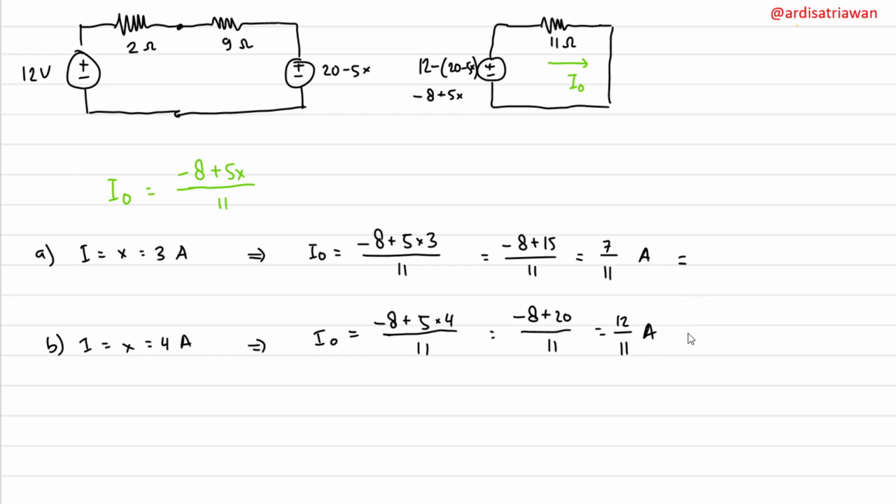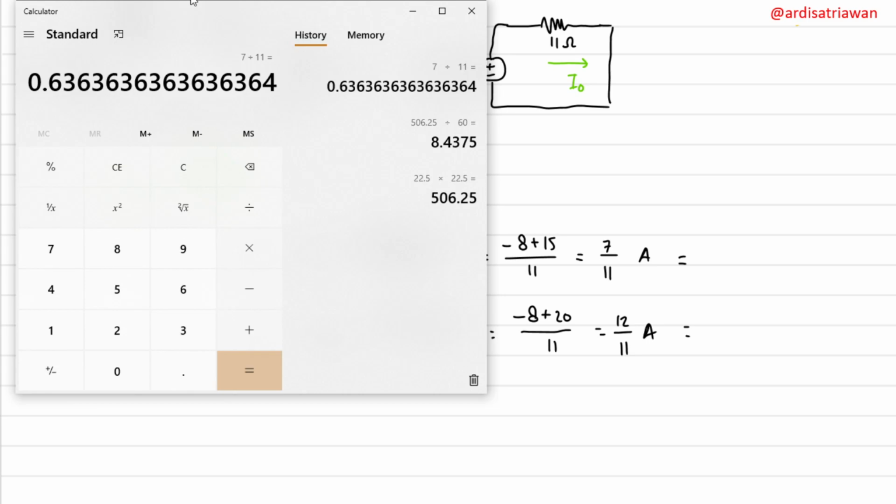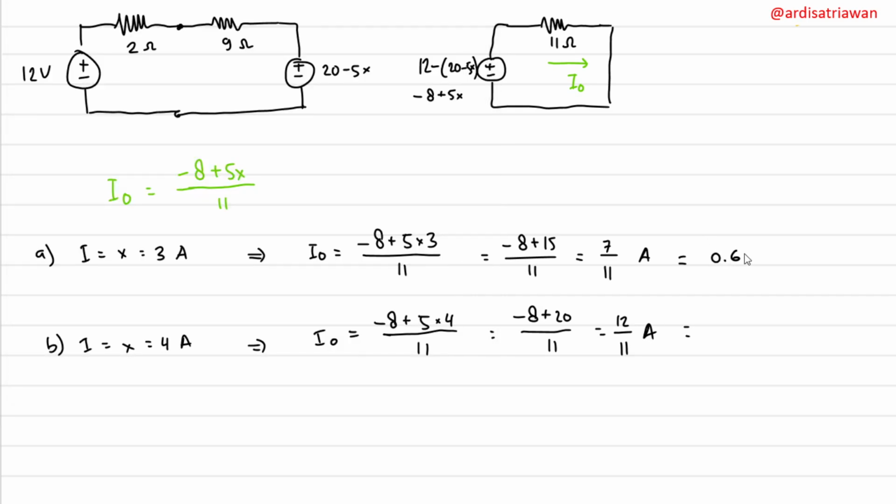And let's write this in decimal. So I will have 7 divided by 11, which is 0.6363, okay, 0.636 ampere.